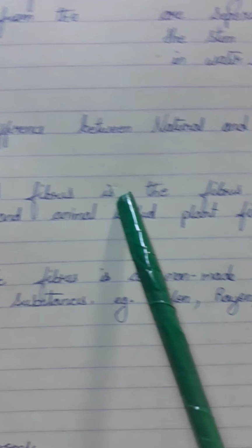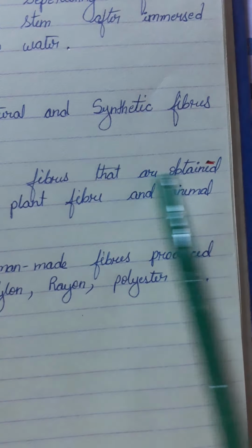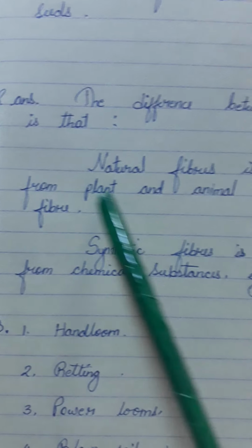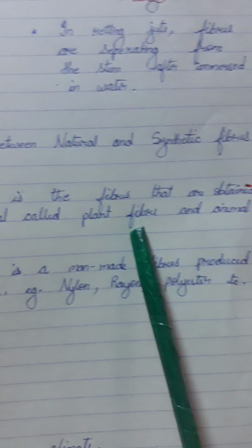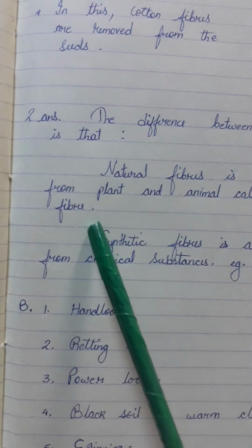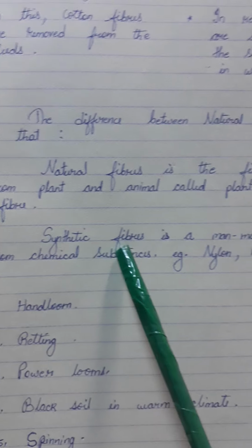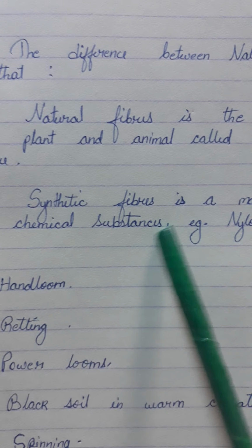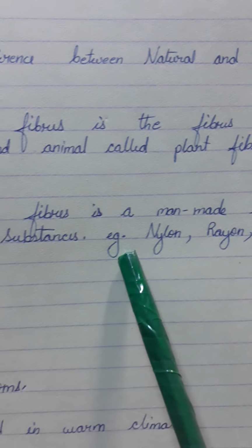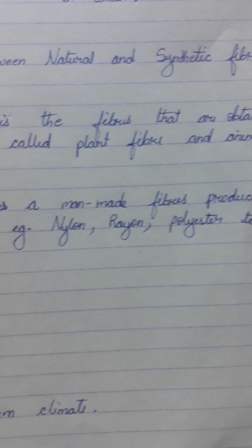Natural fibers are the fibers that are obtained from plants and animals, called plant fiber and animal fiber. Synthetic fiber is a man-made fiber produced from chemical substances. Example: nylon, rayon, polyester, etc.